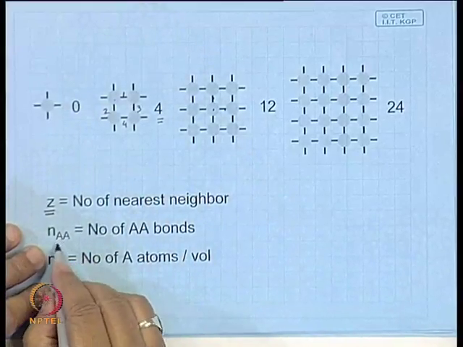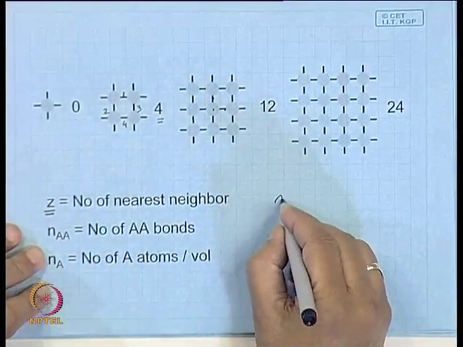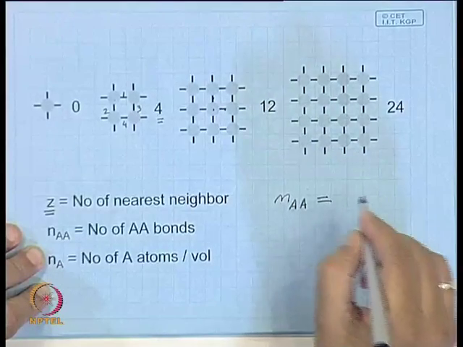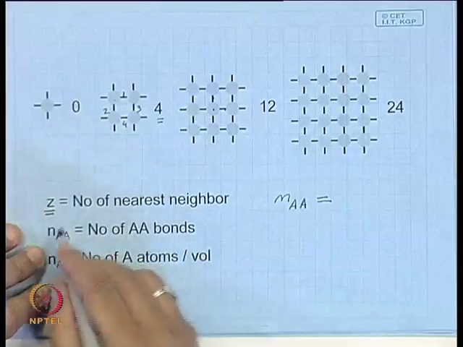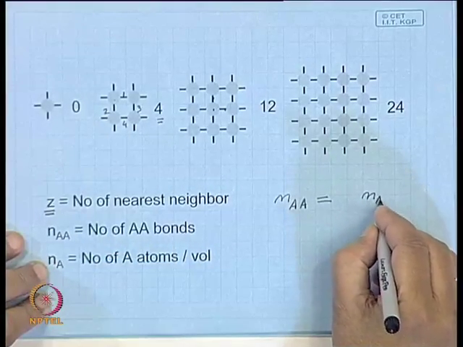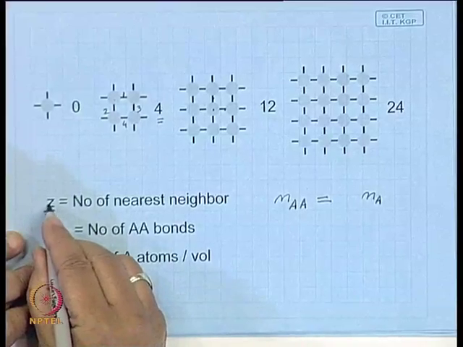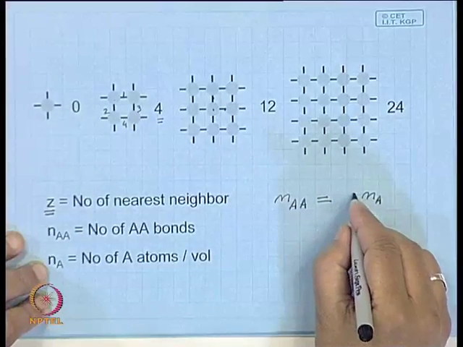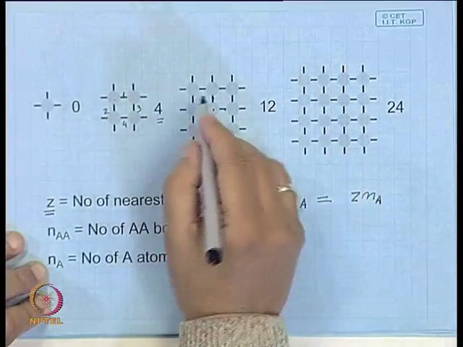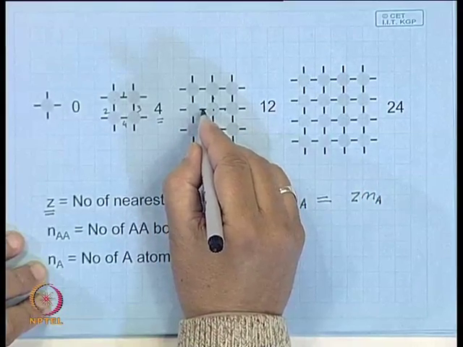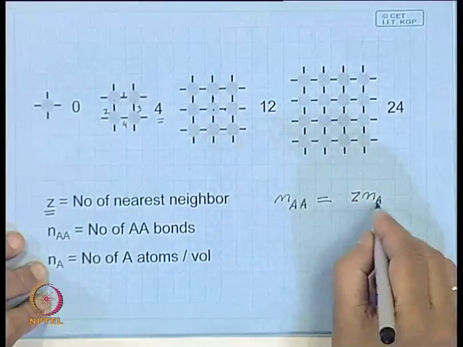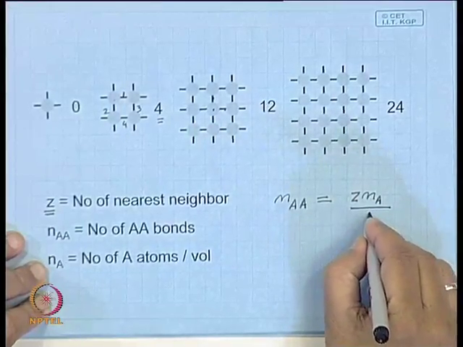Then how do you calculate N_AA, that is the number of AA bonds? If you have N_A atoms, each has coordination number Z. So, Z times N_A, there will be so many bonds, but when bond formation actually takes place, this is counted twice. So the number of AA bonds will be Z N_A over 2.